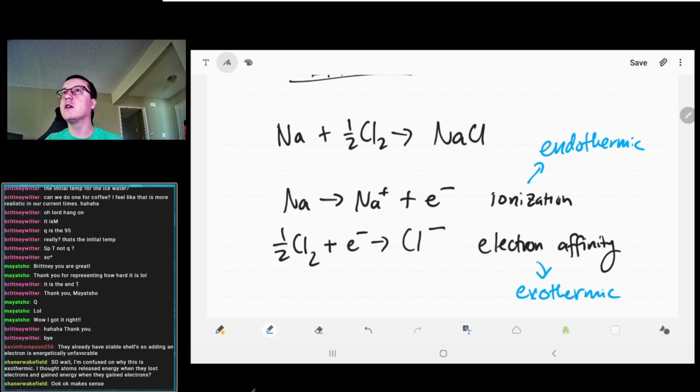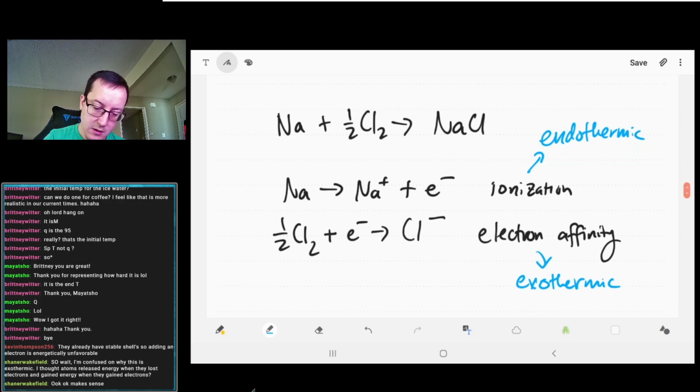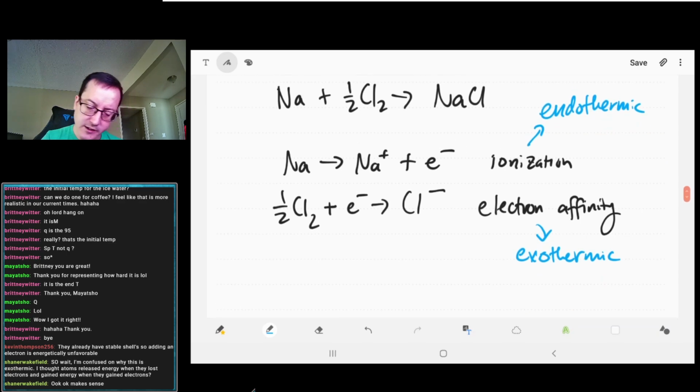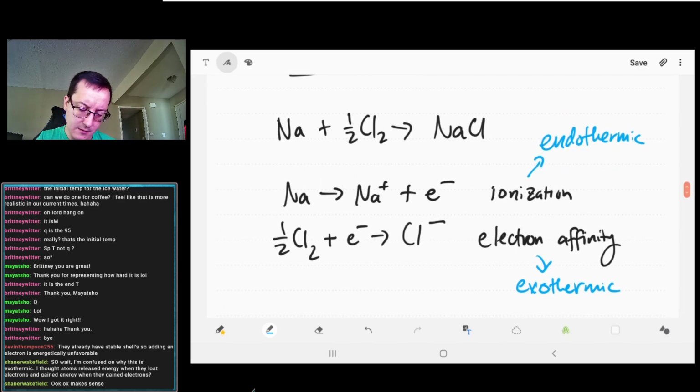Let's see. Will it make sense for us to do a Hess's law problem with this? Actually, does it make sense for us to do this?